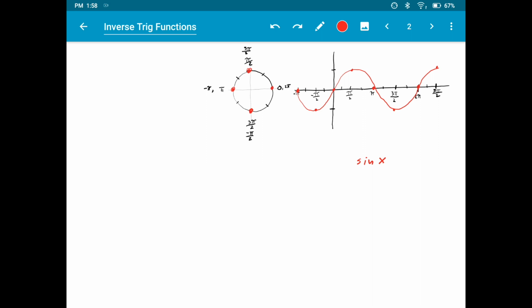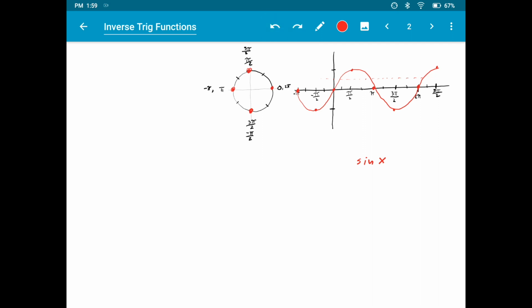Any output that is in the range of sine of x, so any output between negative 1 and 1, will give me actually infinitely many different values that I can use as inputs. So we are going to have to restrict our domain.